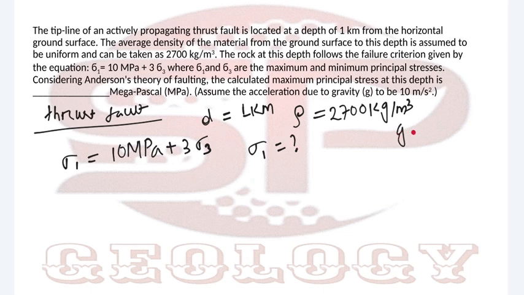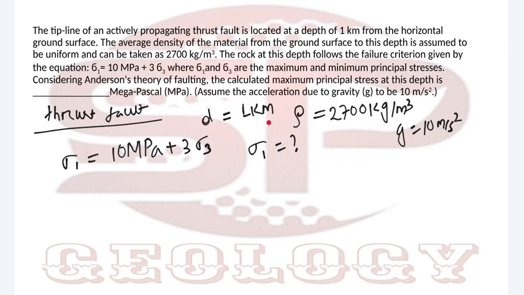G is given as 10 meter per second square. So first we have to calculate either sigma 1 or sigma 3. If you calculate any of these, then you can put it in the criterion. Here a frost fault is given, so that means sigma 3 acts perpendicular to the ground. From that we can calculate the pressure.